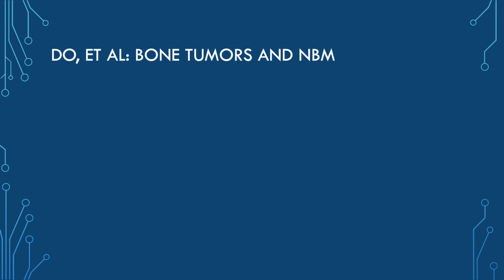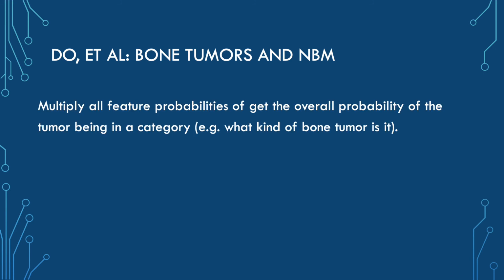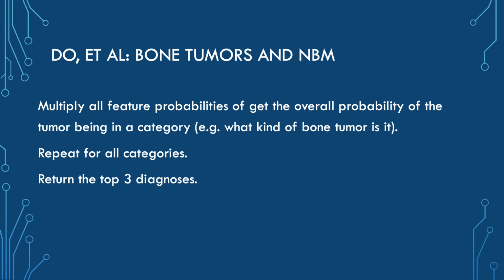As the naive Bayes algorithm dictates, we're going to take all of these feature probabilities that we've looked up for this particular bone tumor and generate the overall probability of that tumor being in a particular category or having a particular label. We're going to repeat this for all of our categories. And then, in this particular paper, what they did was, rather than return the top number 1 solution, they returned the top 3 diagnoses, the top 3 most likely diagnoses given the naive Bayes model they created.